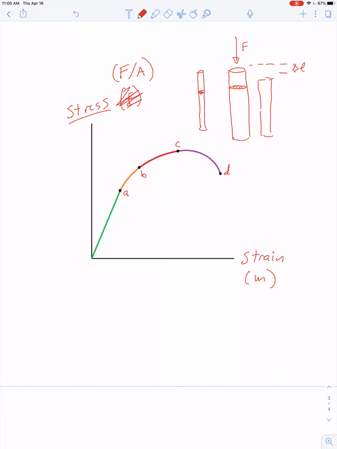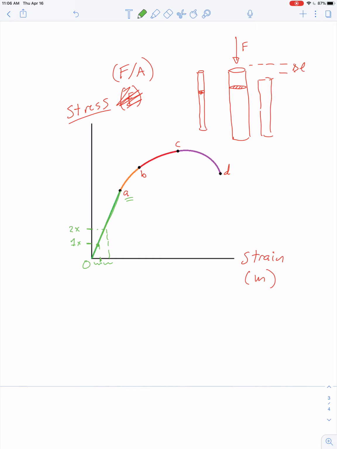So you can see from the origin up to point A, the shape is a straight line. If you applied 1 unit of stress, then that might lead to 1 unit of strain. If you double the amount of stress, then what's the result?